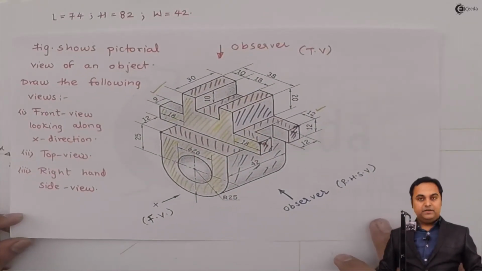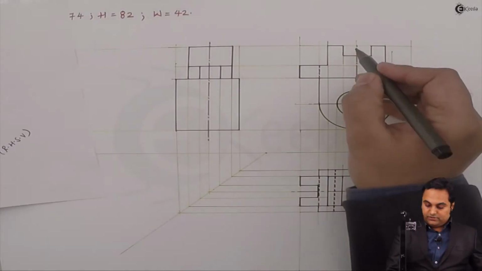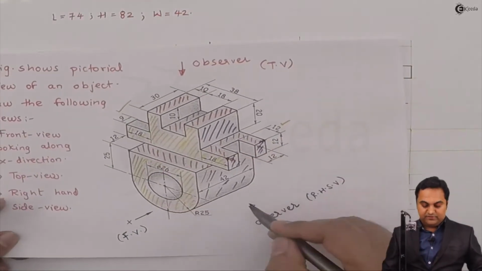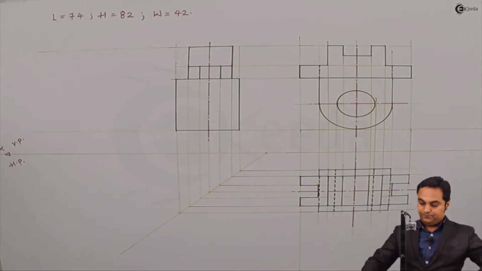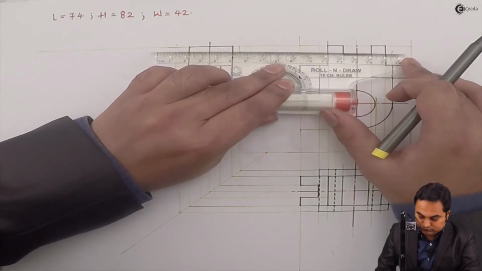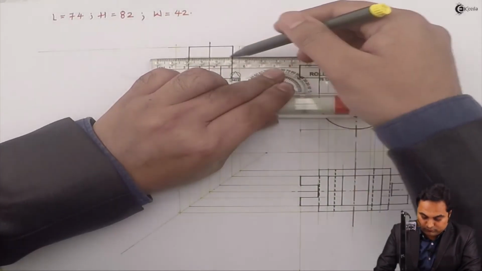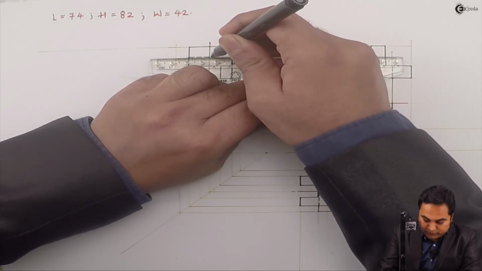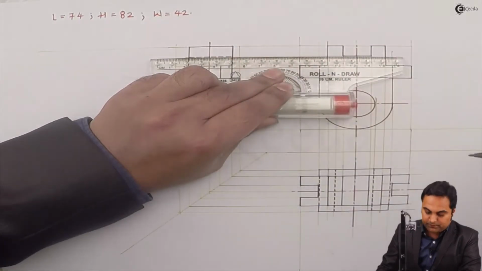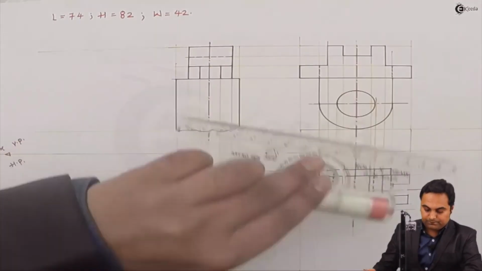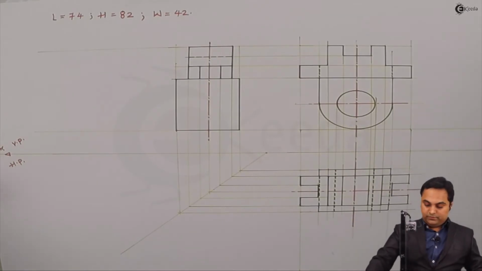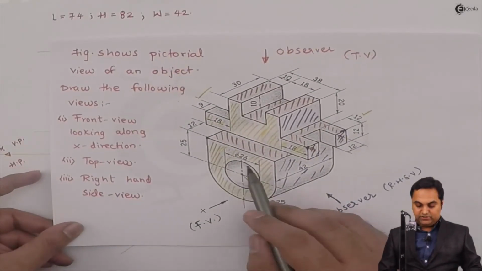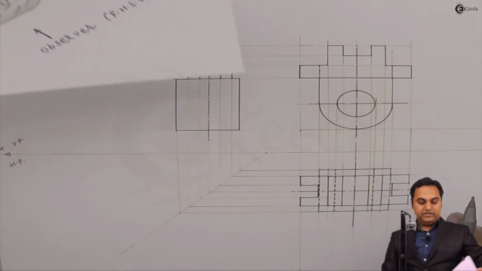As far as the hidden part is concerned, first this line, or we can say this surface, is not visible from the side, so it has to be hidden. It is through the width of 30 mm throughout. Then even inside this semicircular part, this circle is hidden, not seen from the side.